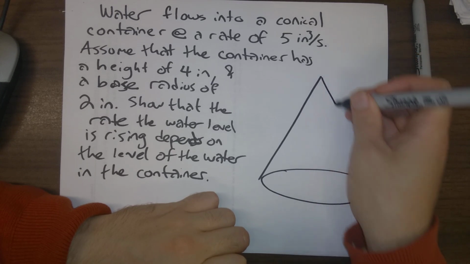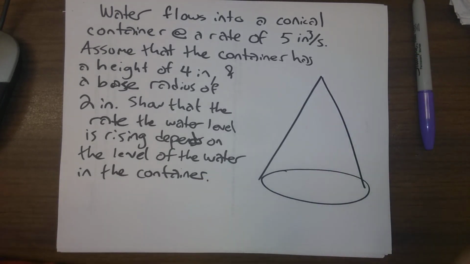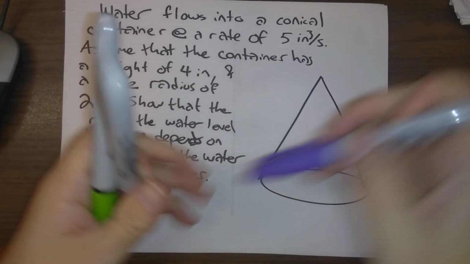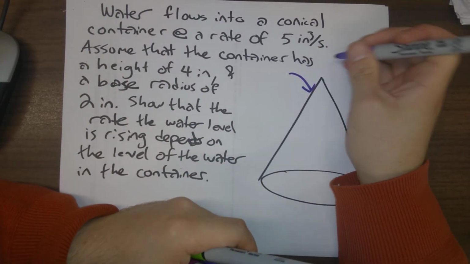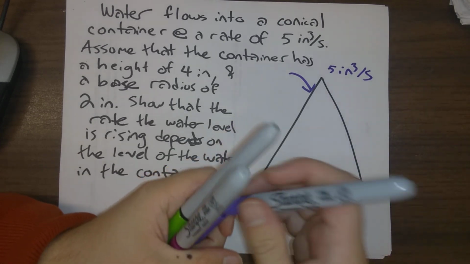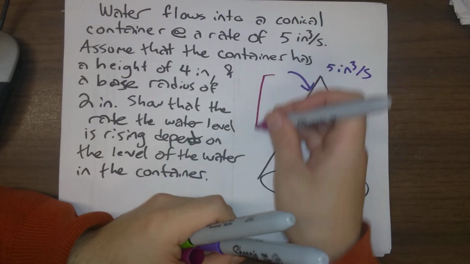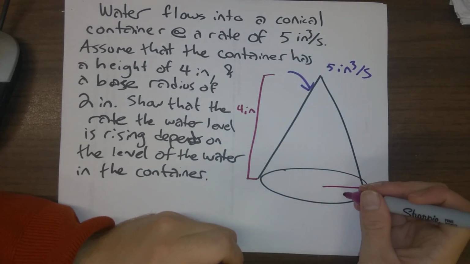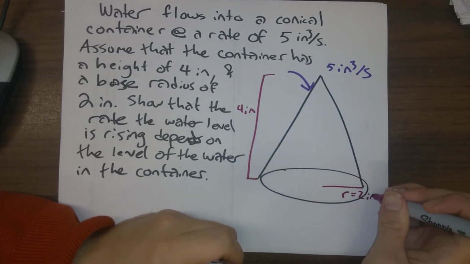It's still going to have a circle base to it. And we're still putting in water at a rate of 5 cubic inches per second, and our container has a height of 4 inches, and the base has a radius of 2 inches.